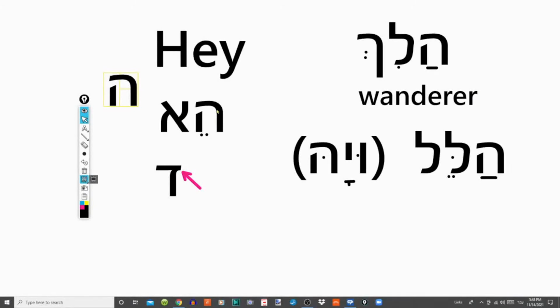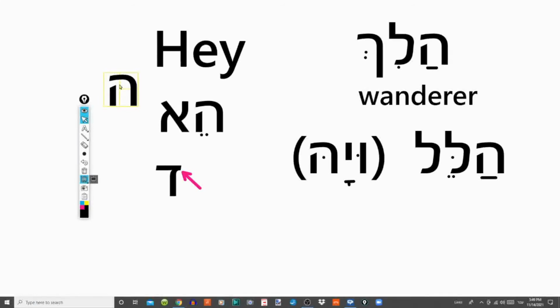Okay, we have the final letter for tonight, which is hey, just like in the English we say hey. And you can see that the hey fits within the four quadrants well, does not go outside of the four quadrants, and that it has one stroke that goes around like this and then another smaller stroke that does not meet here.